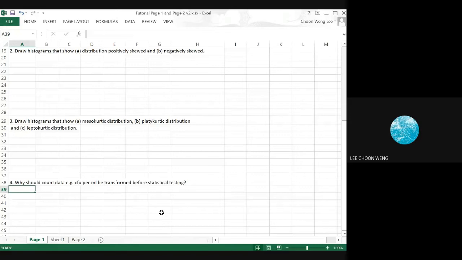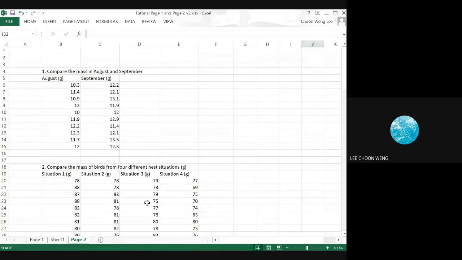So because of that, you are advised to transform it. Usually we log transform it before we use it for statistical testing. We transform it because the CFU per mL data is not normal.